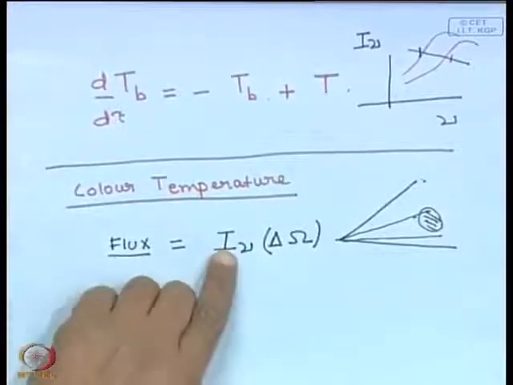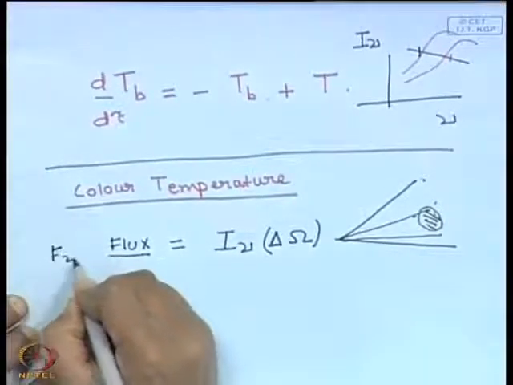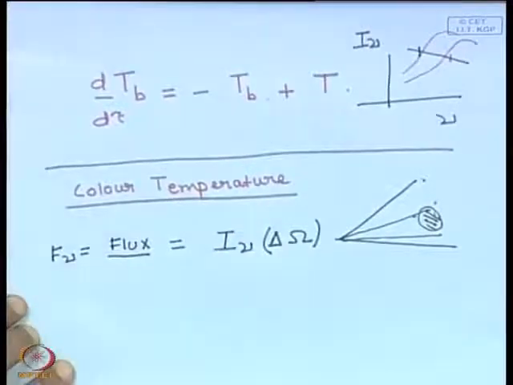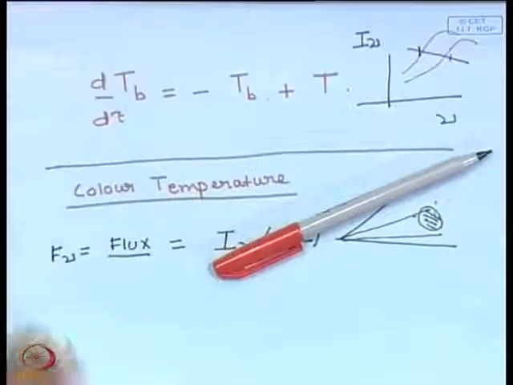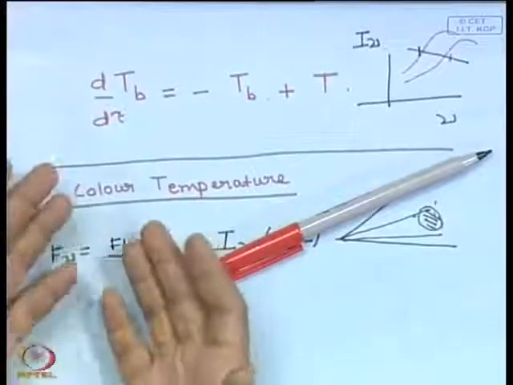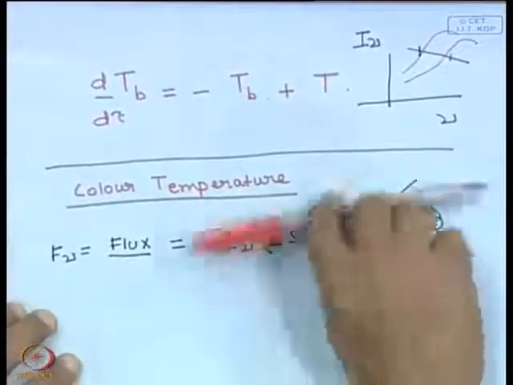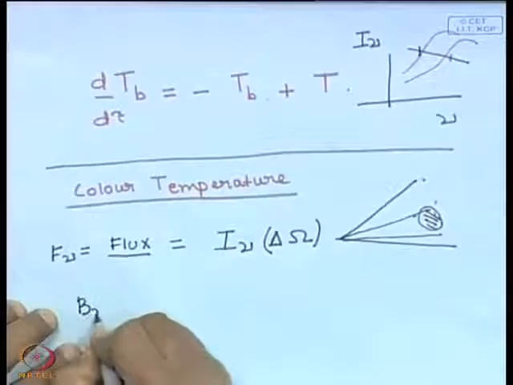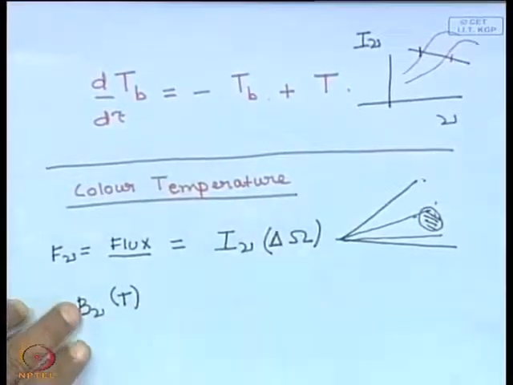Let us assume that the specific intensity is roughly constant over the source. So, I have a measurement of the flux F nu, and I find that its shape is very similar to a black body. But I obviously cannot say it is equal to a black body, or equal to this B nu, because I do not know the scale; there is the solid angle involved.